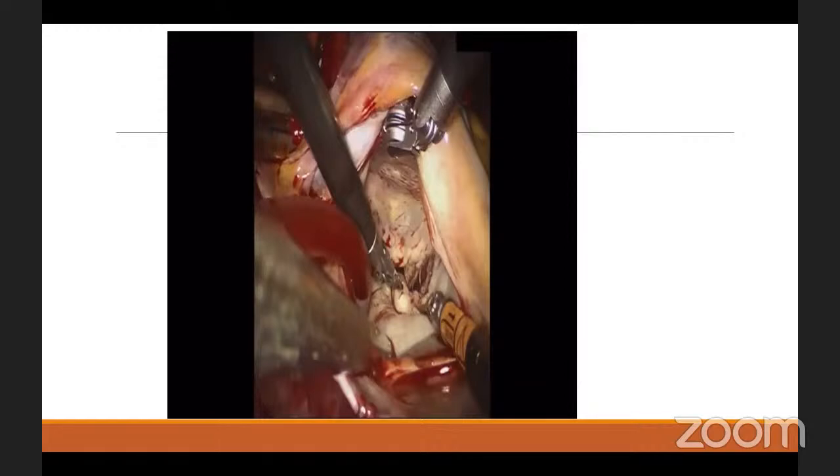So for the sliding plasty, usually it's used when the whole posterior leaflet is prolapsed. But when you have a specific segment, like in our case, only the P2 segment is prolapsed, then you use either triangular or quadrangular resection. When to use triangular or quadrangular, I think it depends on the surgeon. I don't know if there is a specific indication for it.